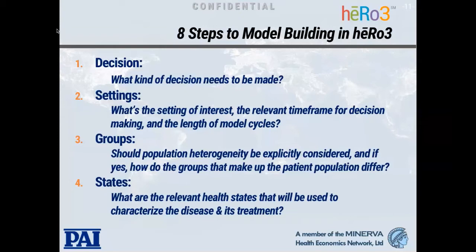The third step is groups. This is where we define the population of the model and which groups make up that population. So if a model is heterogeneous, then different subgroups can be defined, as well as the characteristics on which those subgroups differ.